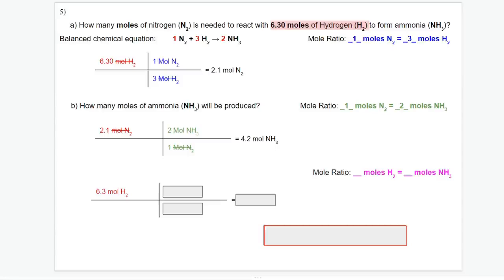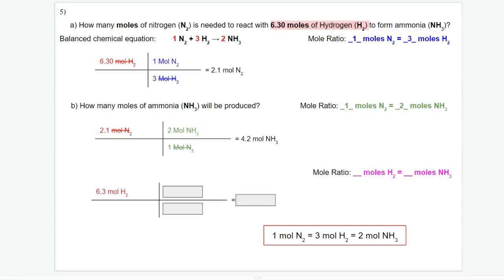I can figure out how many moles of hydrogen equal how many moles of NH3. Anytime you have a balanced reaction, it's giving you the equivalency of all of those different compounds together. 1 mole of N2 is equal to 3 moles of H2, which is equal to 2 moles of NH3.